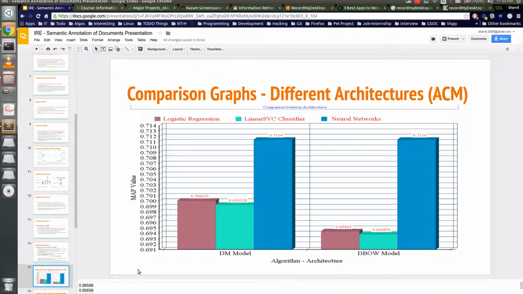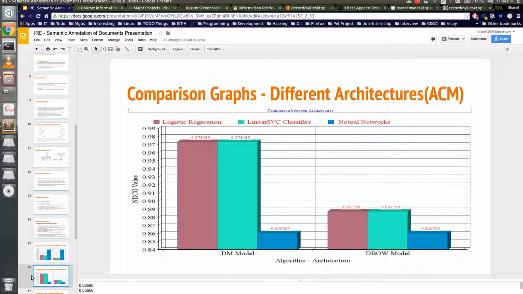As we can see, the MAP value is a little higher for the DM model as compared to the distributed bag of words model, because it uses the previous words and the paragraph vector to try to get a valid representation. Typically the MAP value for logistic regression is around 0.7, varying between 0.69 and 0.71 given different classifiers, with the neural network performing the best for the MAP value, followed by logistic regression and then the linear SVC classifier.